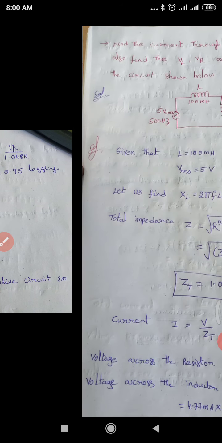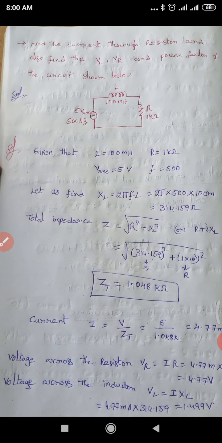So we can also cross check the values, whether we are getting the right values or wrong values. How can we cross check? In our last problem we found that V is equal to square root of VR square plus VC square. Here we can check the value in the same process, that means V is equal to square root of VR square plus VL square.